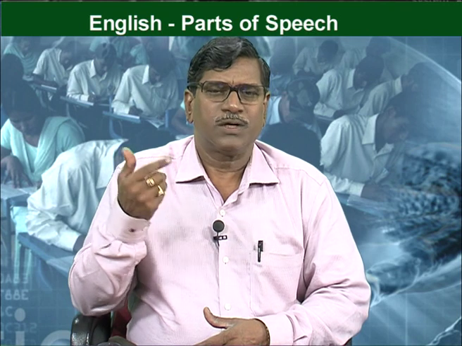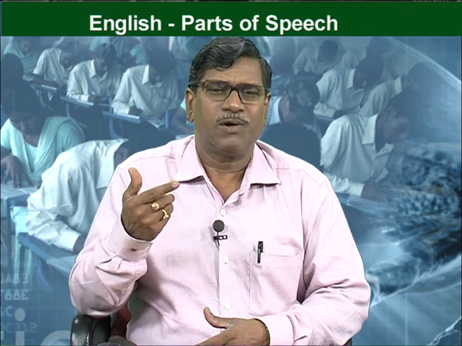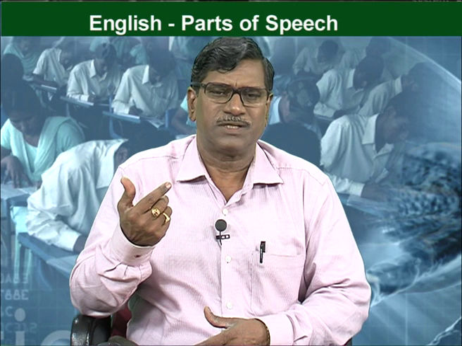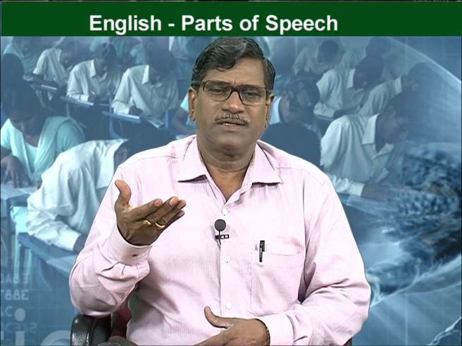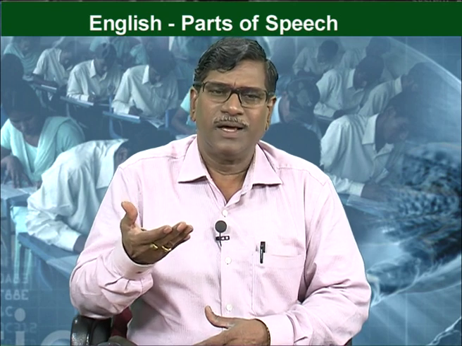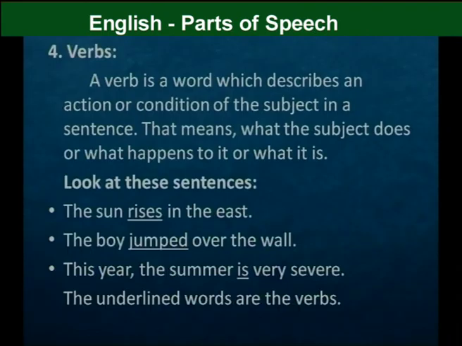That means what the subject does or what happens to the subject in the sentence is clearly given by the verb in the sentence. See, for instance, the sun rises in the east. Who rises in the east? The sun. What does the sun do? The sun rises in the east. The boy jumped over the wall.